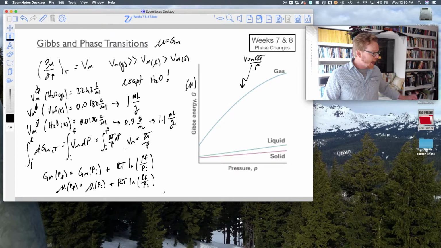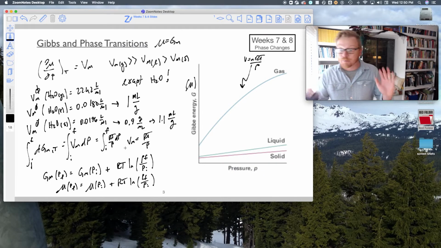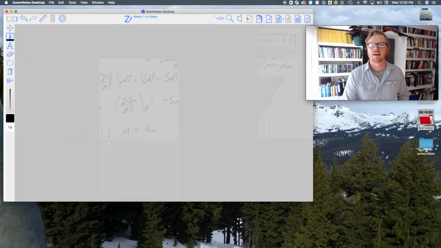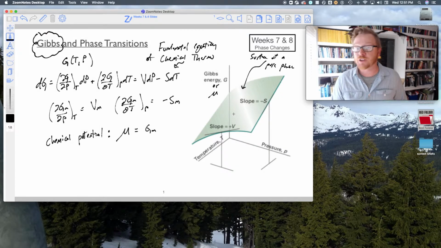All right, so now let's think about what happens when we combine both of these ideas. I showed you this potential energy surface. This might be the surface of a pure phase, but how do we get a phase diagram out of this?